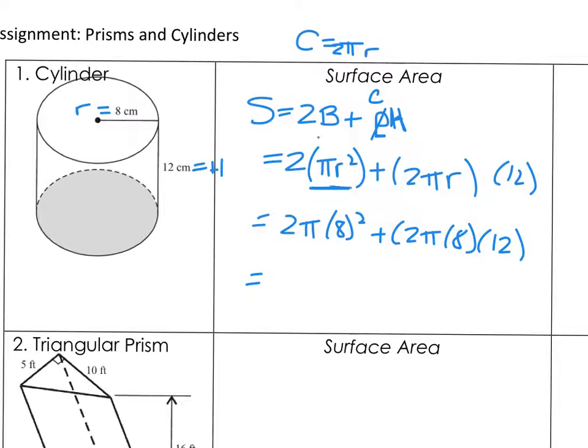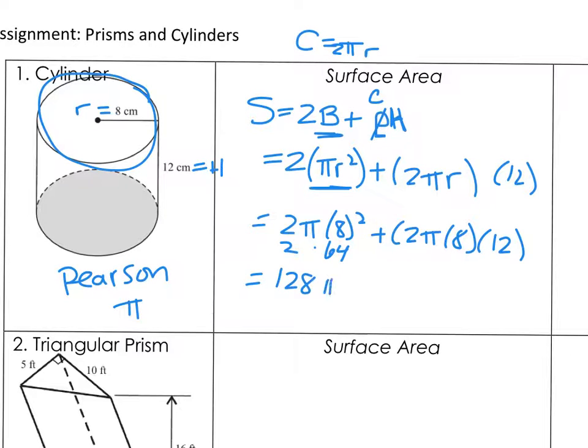And that's all there is to it. So again, the only thing that changes is big B changes to a different shape, changes to a circle. We have to come up with a different area. To fix this and put your answer in terms of pi, that's what's going to help you on Pearson. Pearson likes exact answers. You're going to do 64 times 2 pi plus 12 times 2 times 8. 16 times 12. 192.